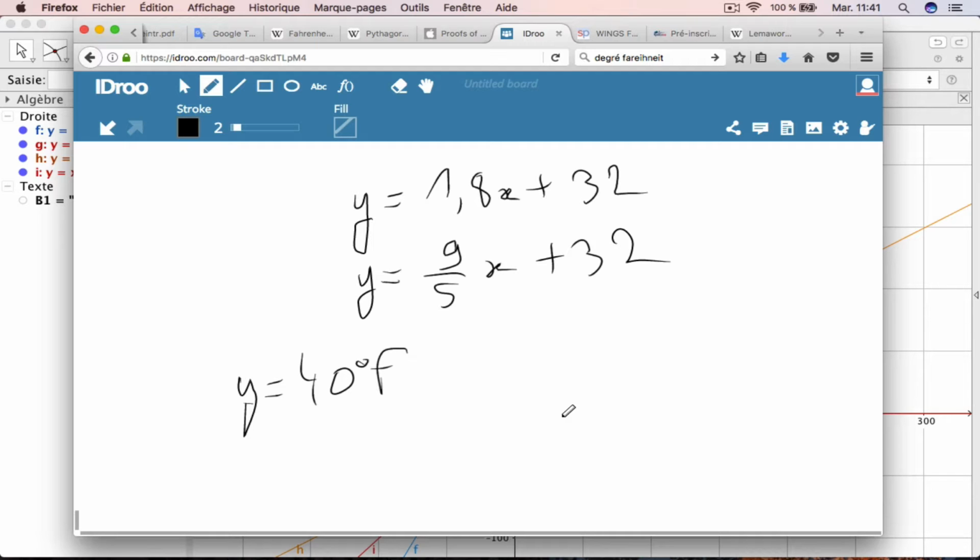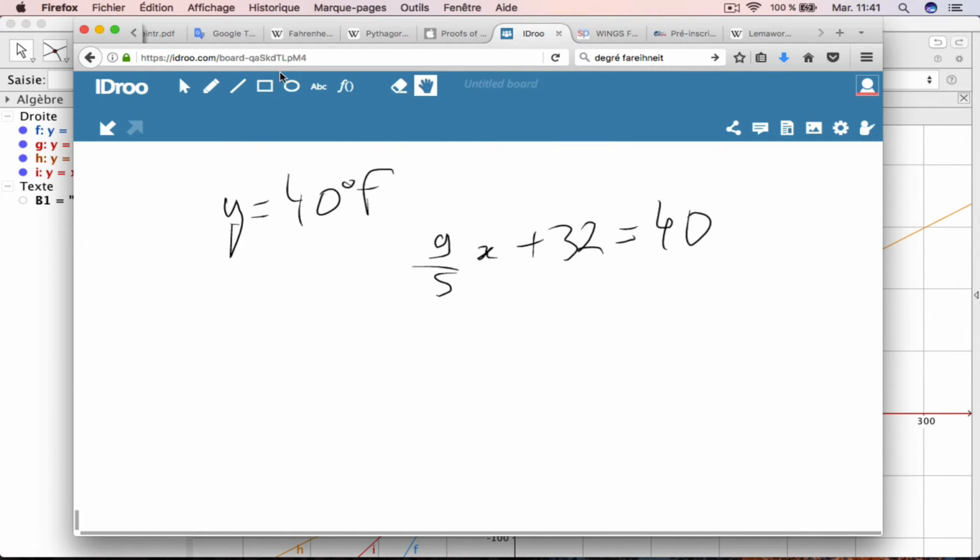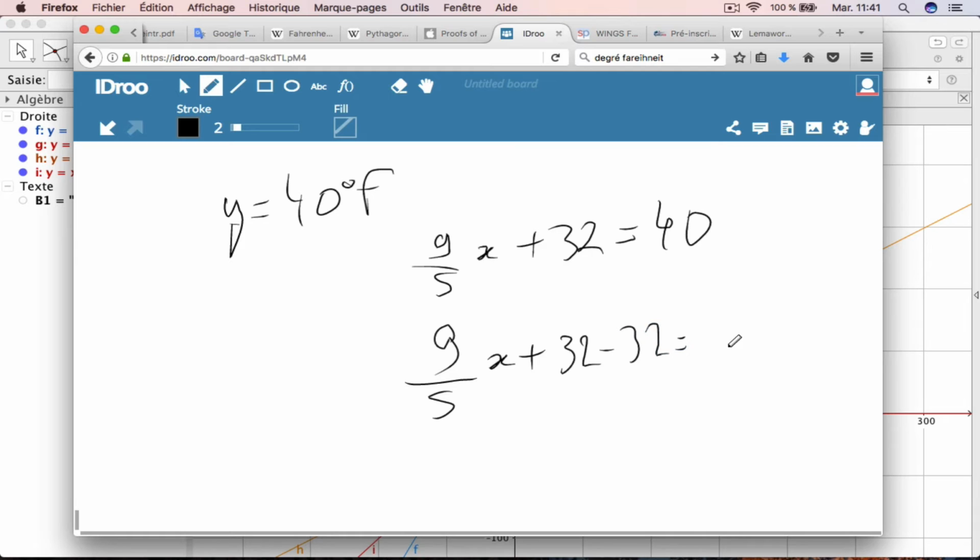Of course, what we have to do is to solve this equation. The equation is 9 on 5 times x plus 32 equals 40. Okay, so let's do the same. First, we have to cancel this 32, so we do minus 32 on each side of the equation. Second, we can cancel it.